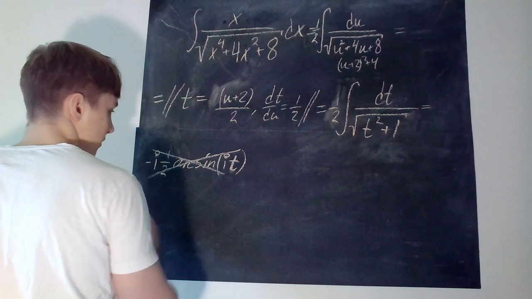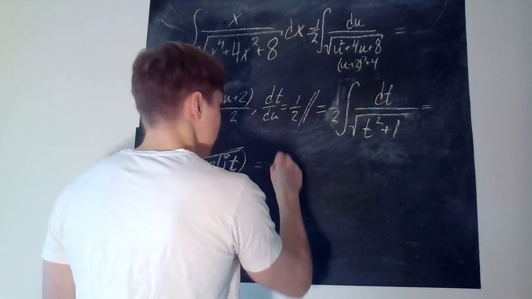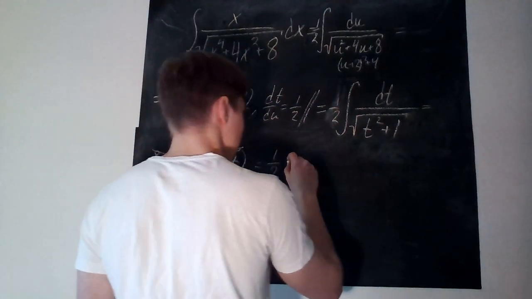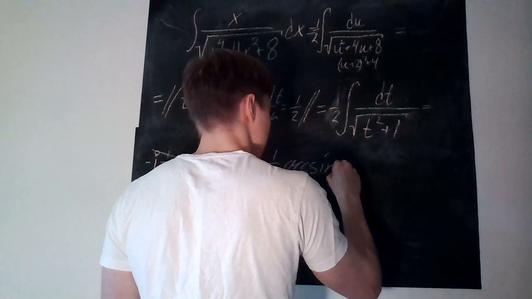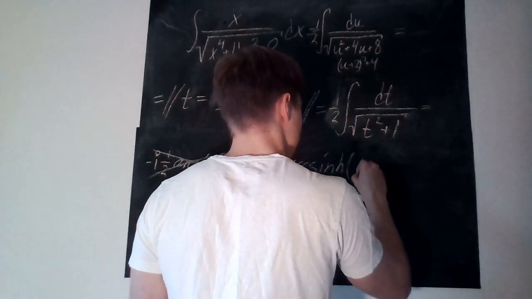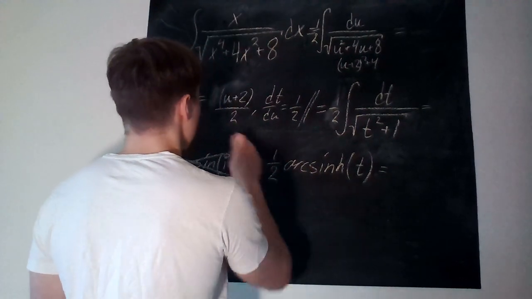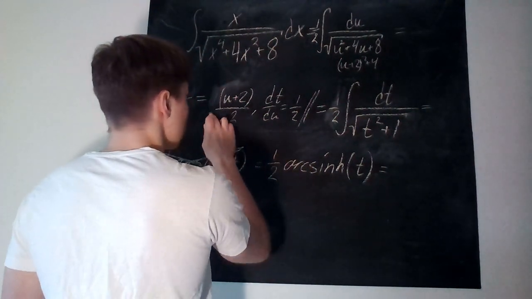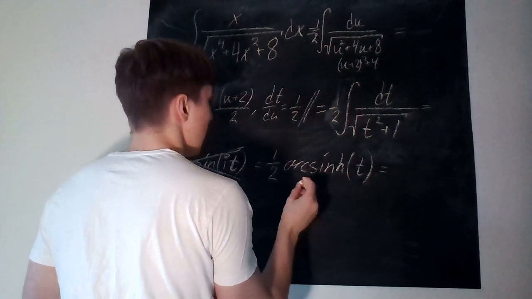So what would you get? Okay, well, this was just a quick side tangent. So what would you get then? We'll just get that this is equal to 1 over 2 times arc hyperbolic sine of t, which was equal to (u over 2) plus 1, so that's just u/2 plus 1.